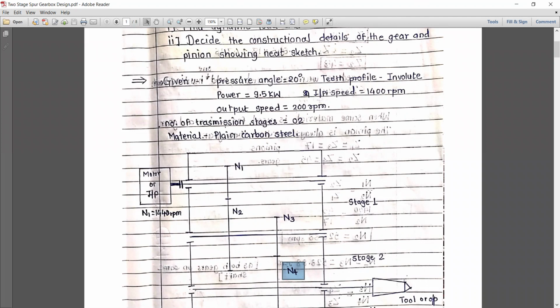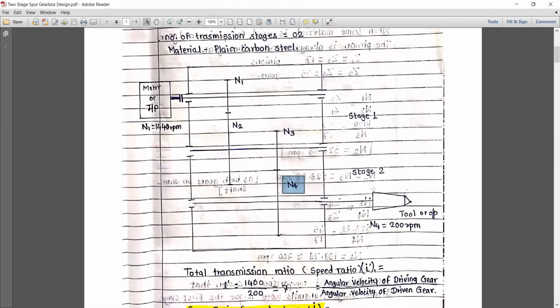Number of transmission stages: we are planning for two, so that's why we wrote the number of transmission stages as two. Then the material is plain carbon steel, which is given. So first of all, draw this layout. Whenever you design a multi-stage gearbox or single stage gearbox, you need to draw this type of layout.